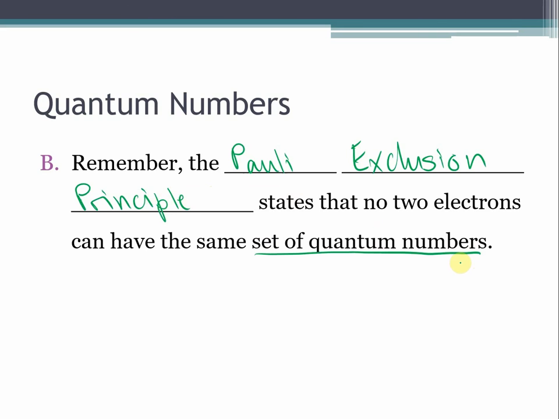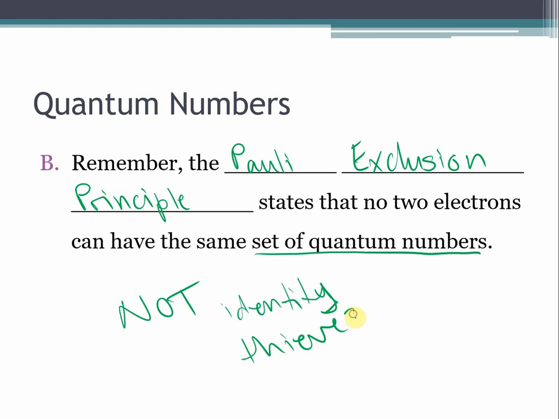Because if they had the exact same 4 quantum numbers, they would be acting like the same electron. Remember that electrons are not identity thieves. So your electrons can have 3 of the same quantum numbers, that is fine, but they cannot have all 4 the same, because then they are in the same place at the same time acting the same way, and electrons don't full-on copy each other.